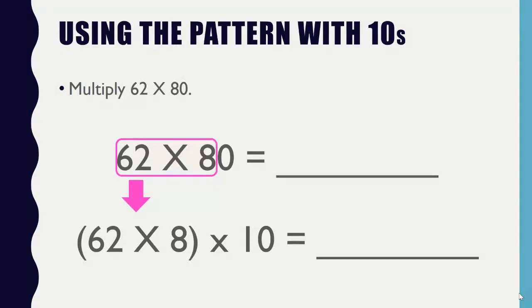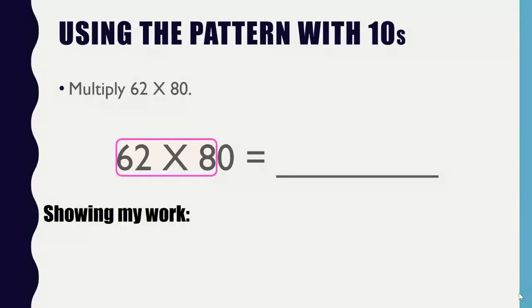Now, I know that seems like a whole lot, so we're going to look at it in a more basic fashion. We're going to be showing our work like this. I have my 62 times 8, and I'm going to write it like I would traditionally write my multiplication. Once I do that, I can multiply and get my answer of 496.